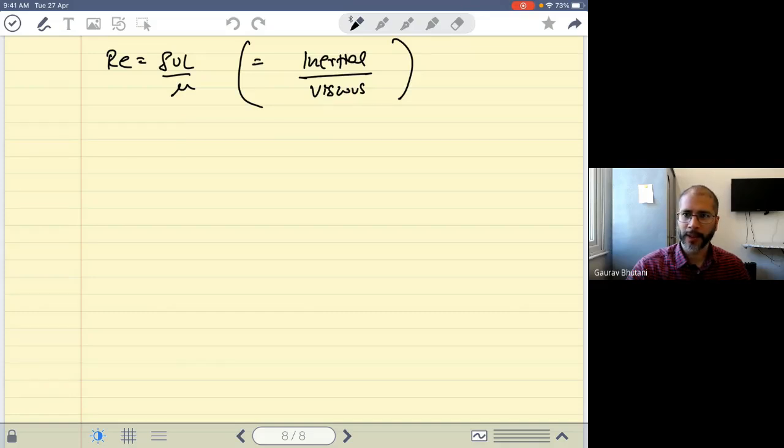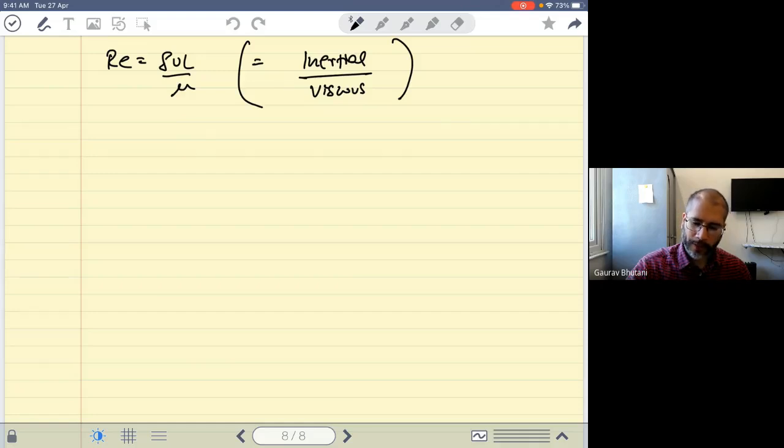Or the other way around, if you have the same two fluids, but you decrease the flow speed, then your Reynolds number decreases. So it's the ratio that matters rather than the actual absolute values of u, rho, L and mu. And it's only this rho u L by mu, this Reynolds number, that affects the flow behavior.